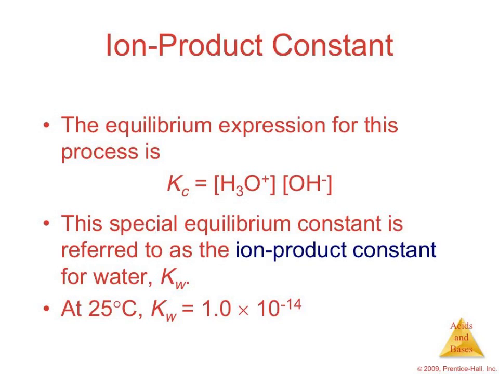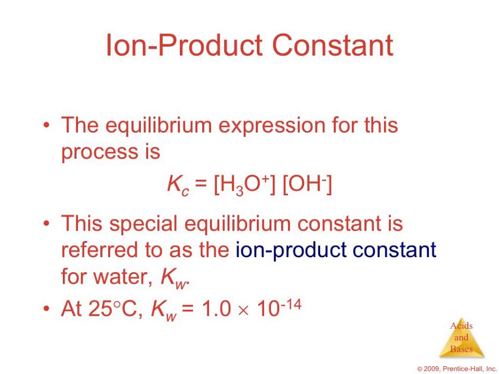They give an example in the book, sample exercise 16.4, and in that example, they basically want you to calculate the values of the H plus and OH minus concentrations in a neutral solution. If you were going to do that, we know that Kw is always 1.0 times 10 to the negative 14th.